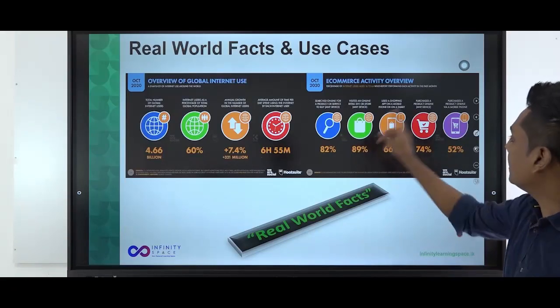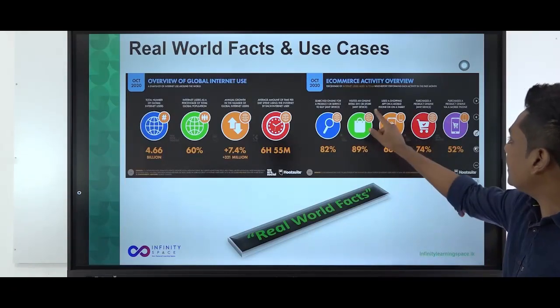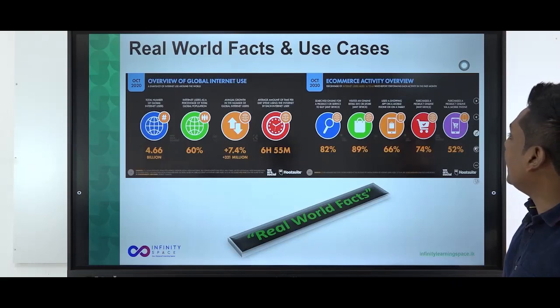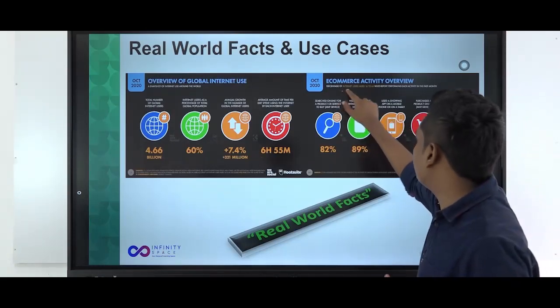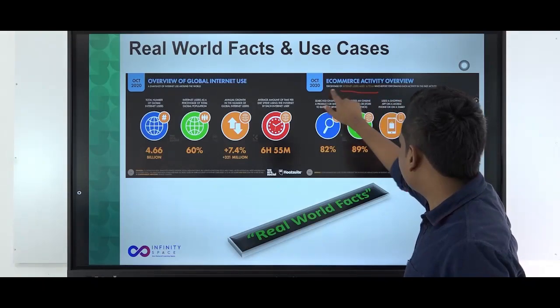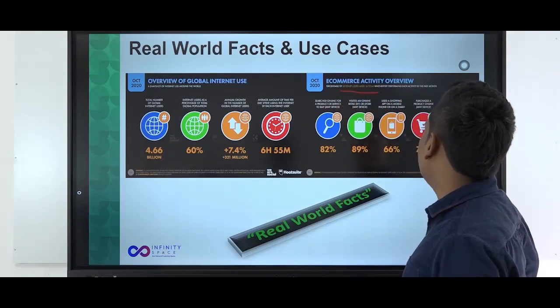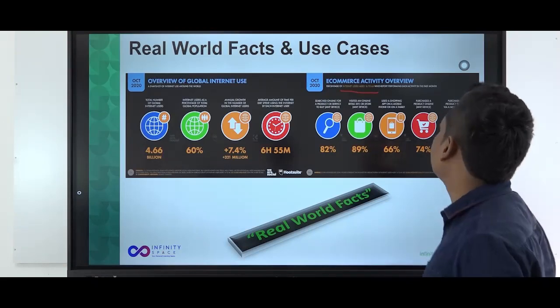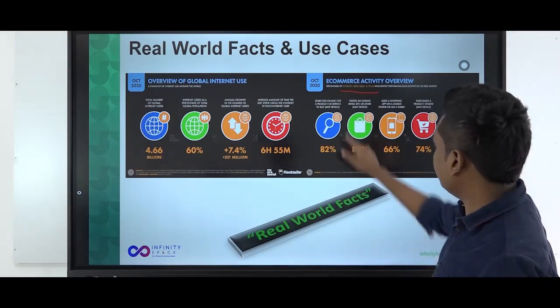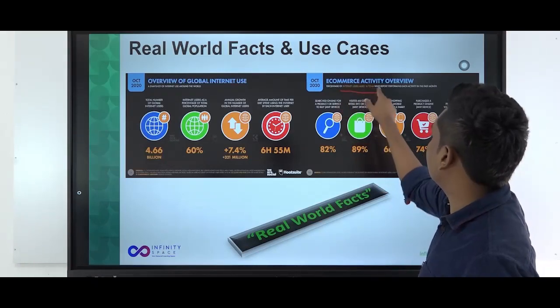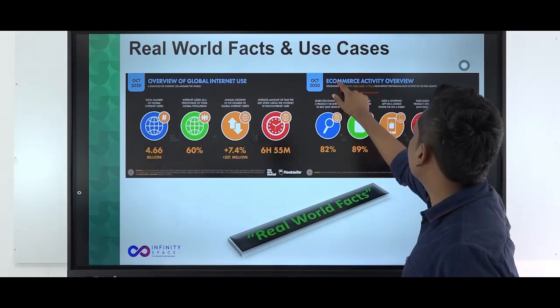October 2020 data says percentage of internet users aged 16 to 64. Now we have to just keep this in mind: percentage of internet users aged 16 to 64 who report performing each activity in the past month.